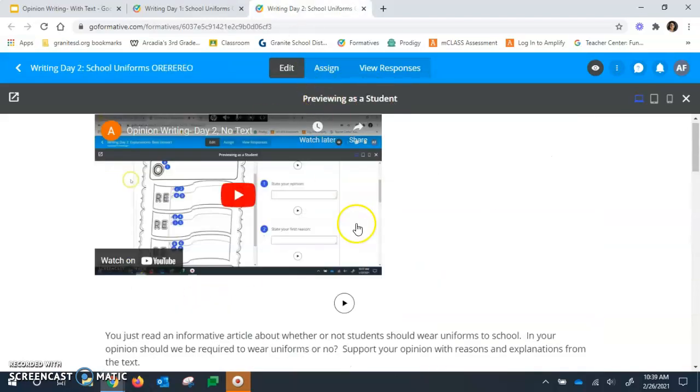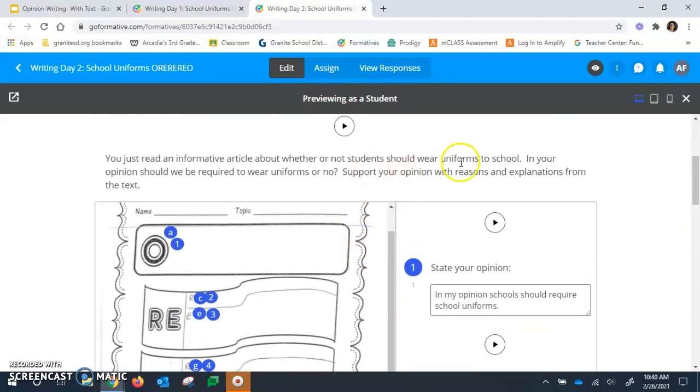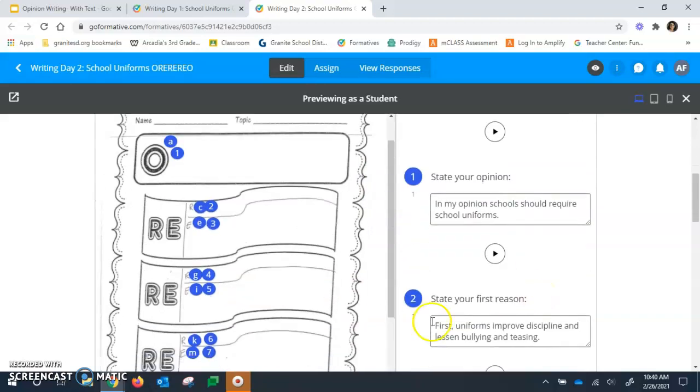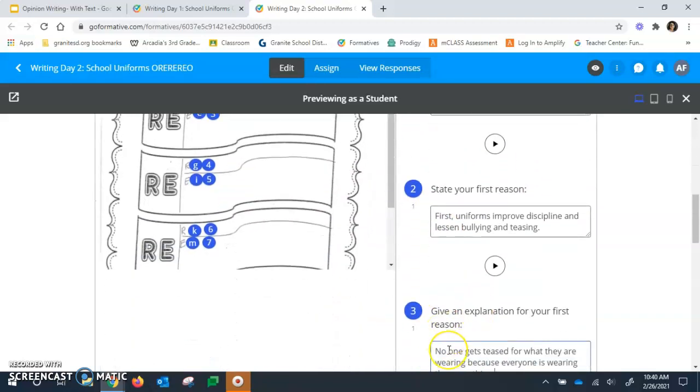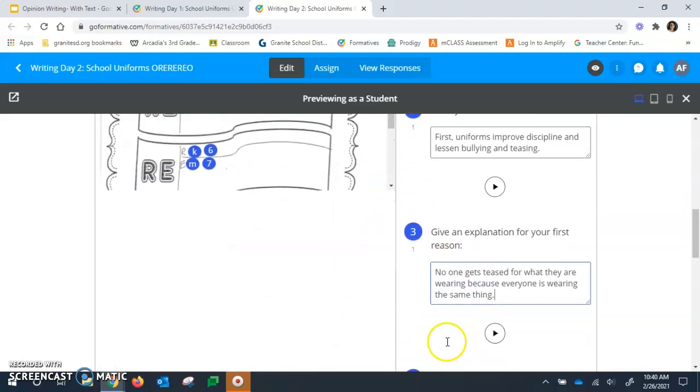And that's what it asks us to do here, is to support your opinion with reasons and explanations from the text. So our reasons come from the text, and then we give further explanation as to why that matters. We've got to explain, why does it matter? Our different reasons matter. Okay, good luck on today's writing.